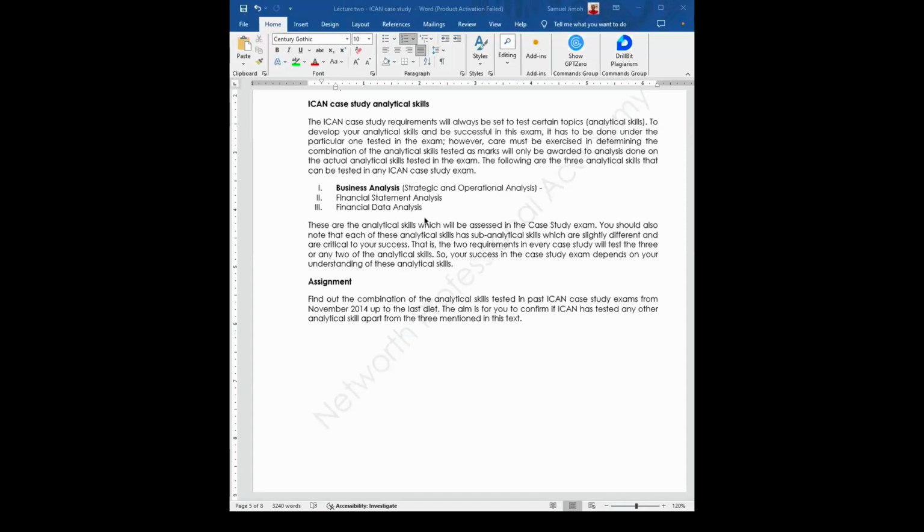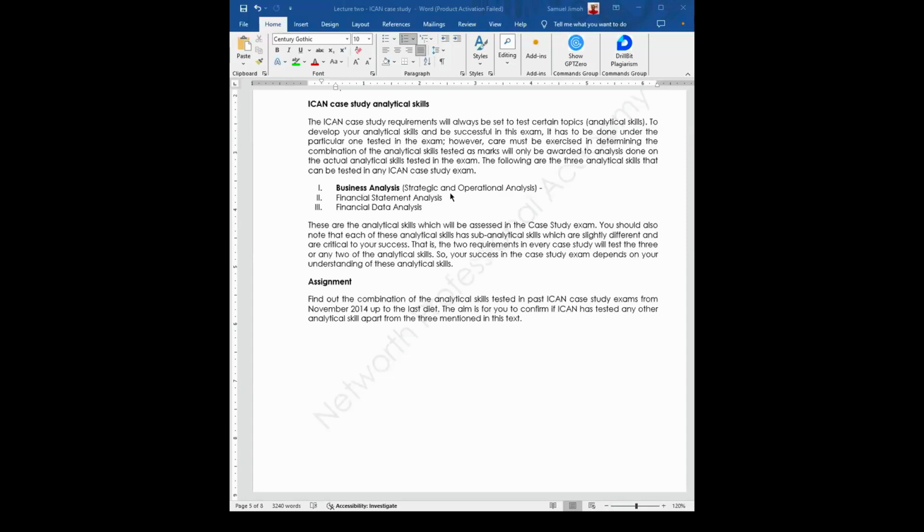These skills determine the direction, the technique you will use in analyzing those issues that have been raised in the case.